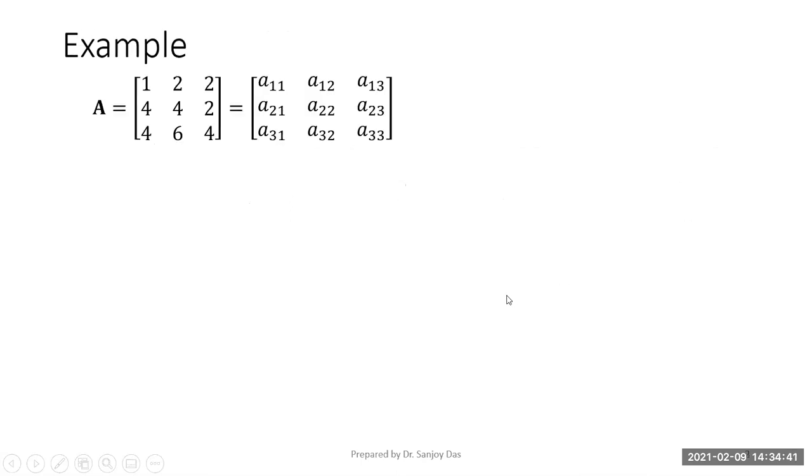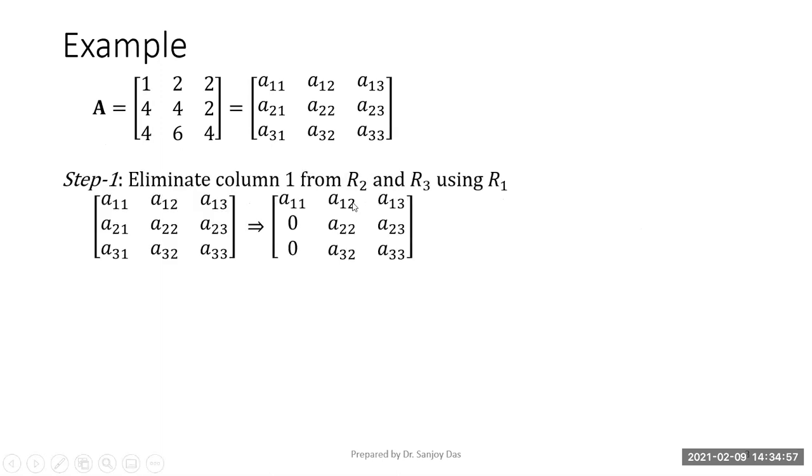Okay, here's an example. I have this 3 by 3 matrix, 1, 2, 2, 4, 4, 2, 4, 6, 4. Now this is what I'm going to do. I will use step 1. I will use the first row, 1, 2, 2, or A11, A12, A13.